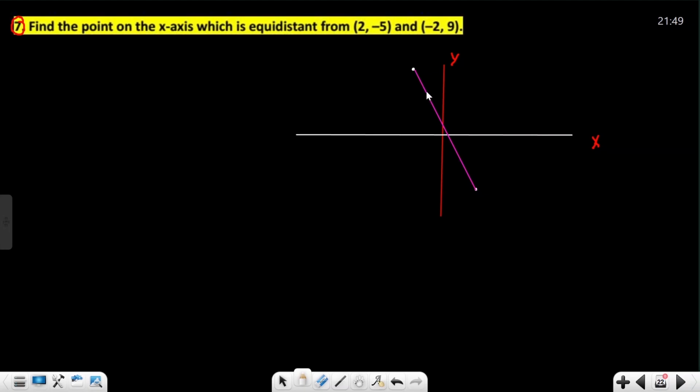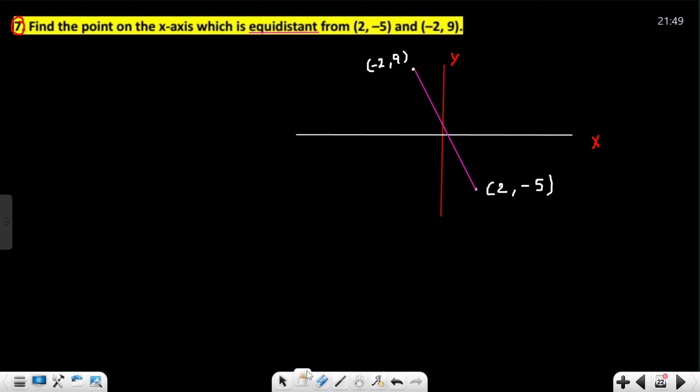First, these points are (2, -5) and (-2, 9). How do we find the x-axis point? Find the point on the x-axis which is equidistant. What does equidistant mean? Look here at this term. In the whole of math, the word equidistant is used only in chapter number 7.